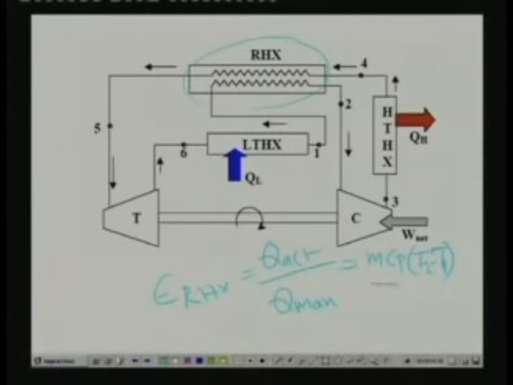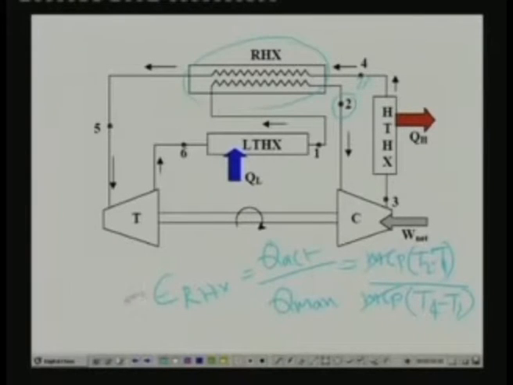This is the Q actual. What is the Q maximum? Heat transfer rate will be maximum when the exit temperature T2 is equal to T4. So, this is the condition under which the heat transfer rate will be maximum. That means Q maximum is equal to mCp into (T4 minus T1). The same mass is flowing, so mCp gets cancelled.